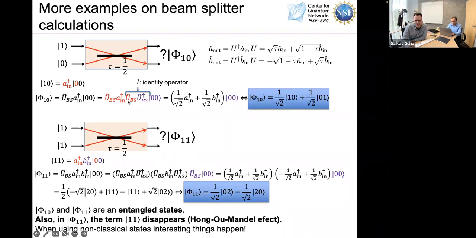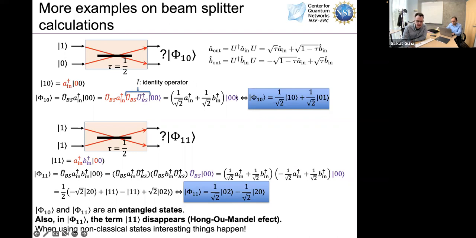Again, I do the same kind of trick as before. Here it is even more simple. Instead of writing 1 here, I write it as a dagger acting on vacuum. Okay. Then I inject identity exactly here. I know that nothing will happen when I hit my beam splitter on the vacuum state. I will just take the vacuum back. And this part here can simply be applied from the Heisenberg relation.